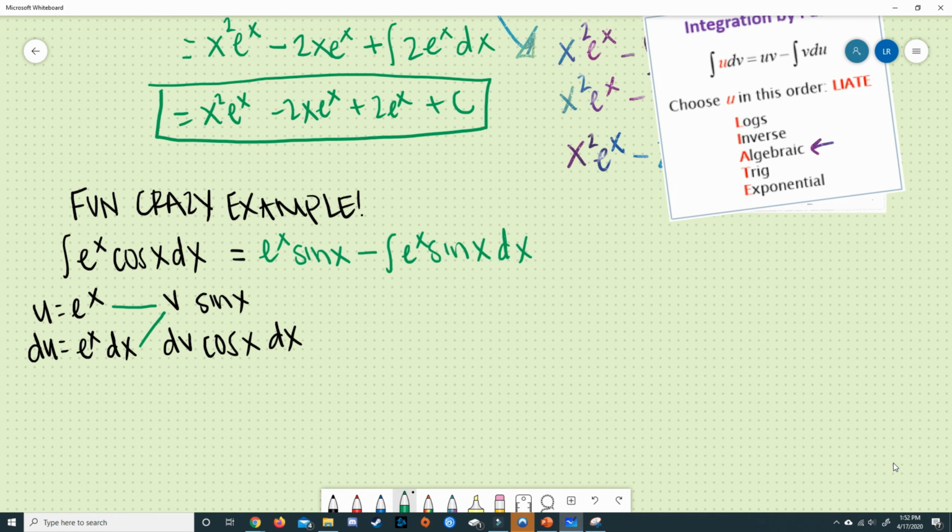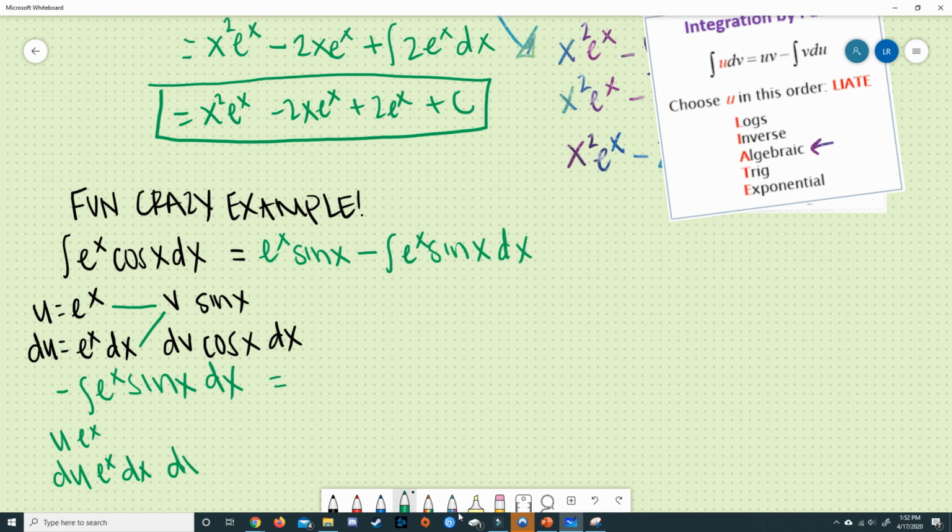So let's integrate this. I'm just going to put that down here. When we integrate that, we're going to say that u is e to the x, du is e to the x dx. Sorry, guys.